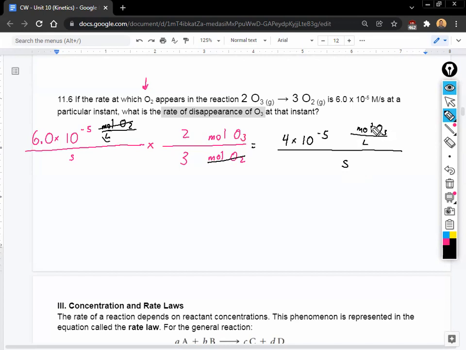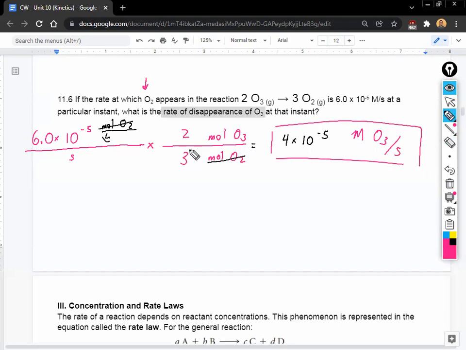And again, we can rewrite moles of O3 per liter. We can change this up into molarity, right? Moles over liters, and then molarity divided by seconds. So it'll be molarity O3 per second. And that's why we can use a regular mole ratio in order to get rid of the molarity.